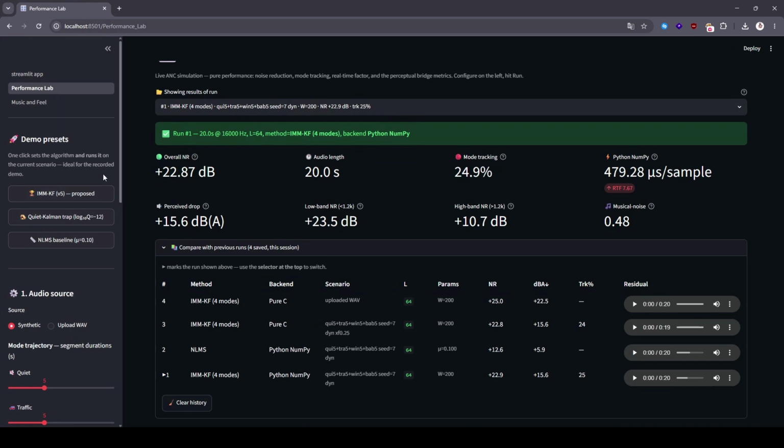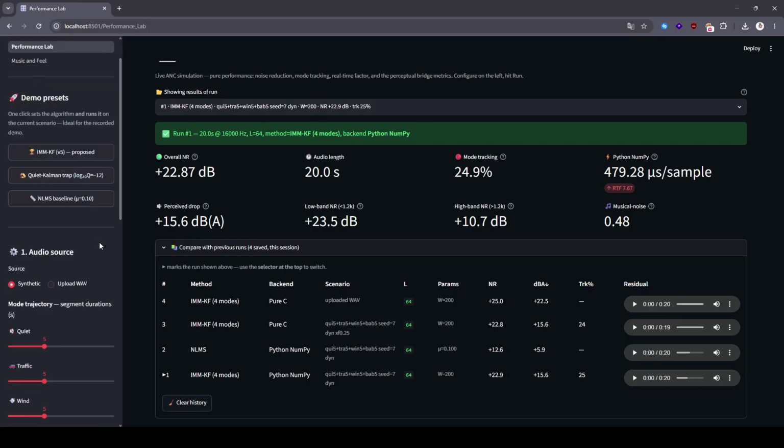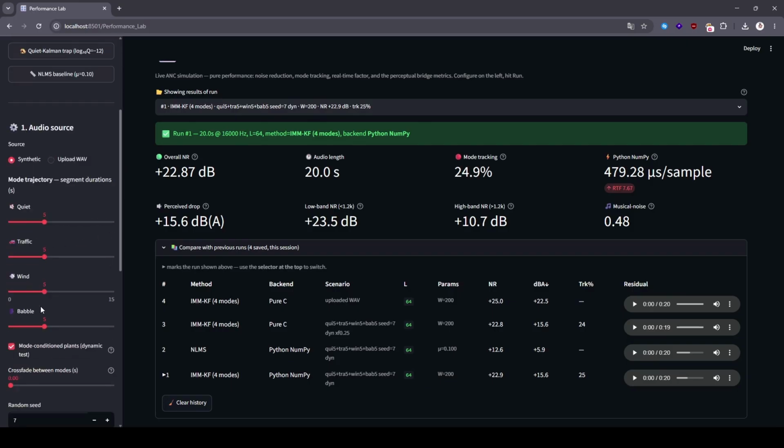On the left is the scenario we use throughout, the four environments: quiet, traffic, wind, babble. 5 seconds of each, and mode-conditioned plant is on, meaning every environment change also swaps the acoustic paths. That's the hard dynamic test.